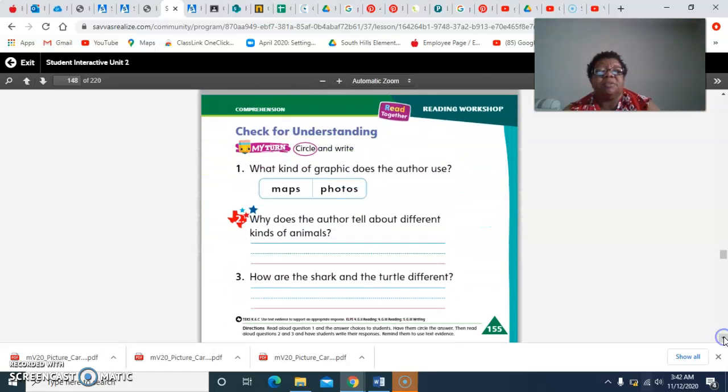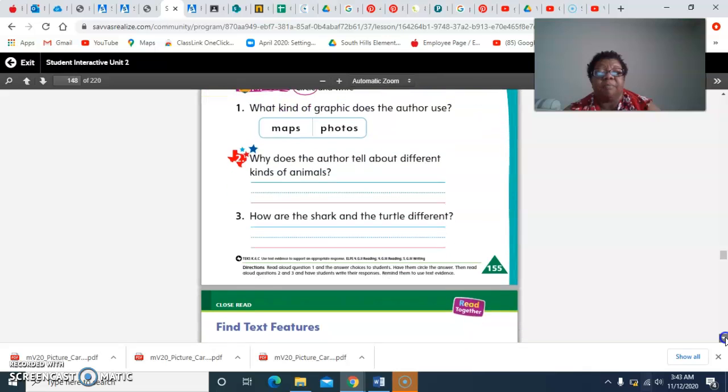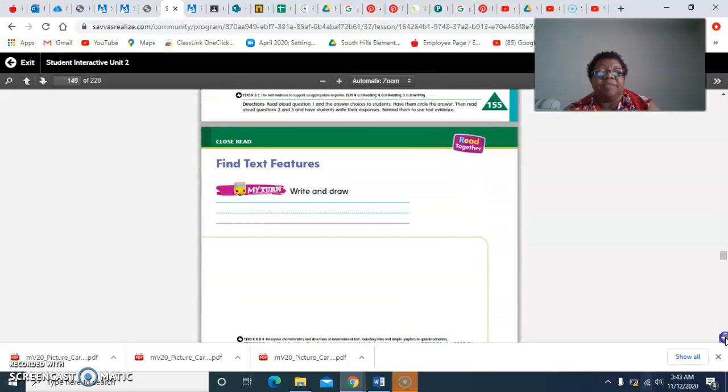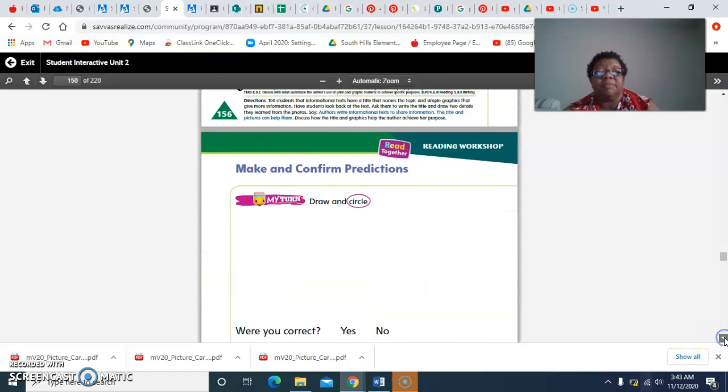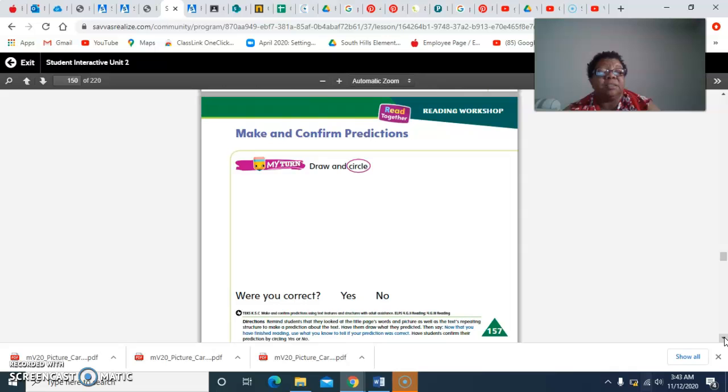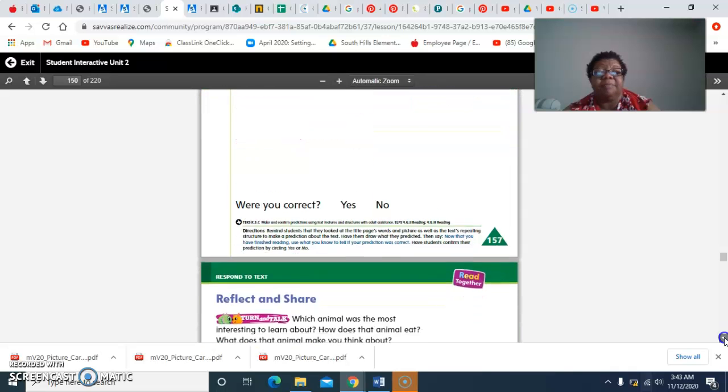Then it has questions. What kind of graphics does the author use? Why does the author tell about different kinds of animals? How are the shark and the turtle different? You can talk to your family about the questions and answer them and write your answers down. Then you have text features. You can draw, write, make a title, and then draw pictures and add details, and make predictions and see if your predictions were right.